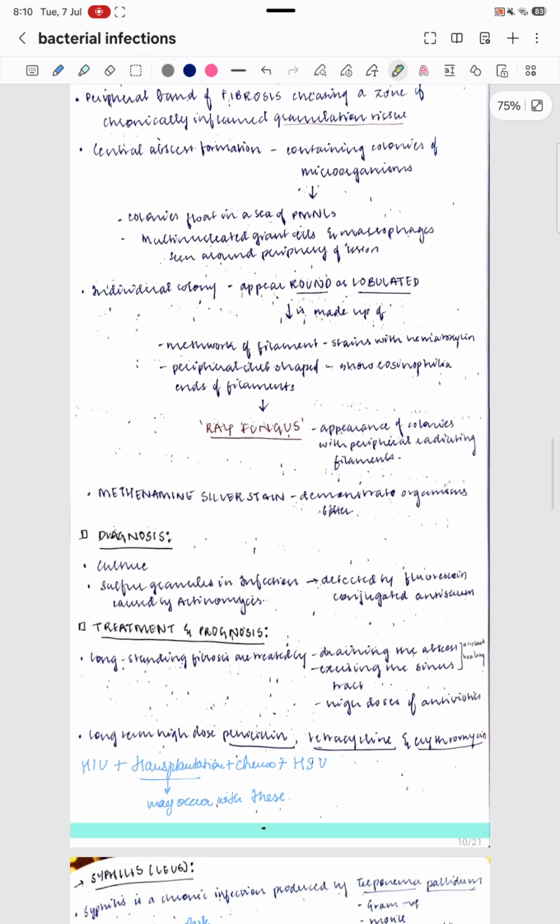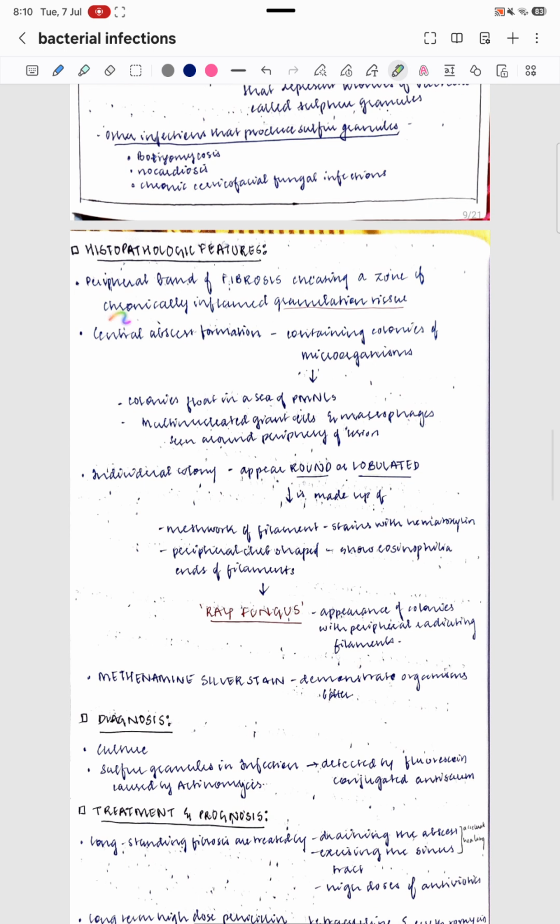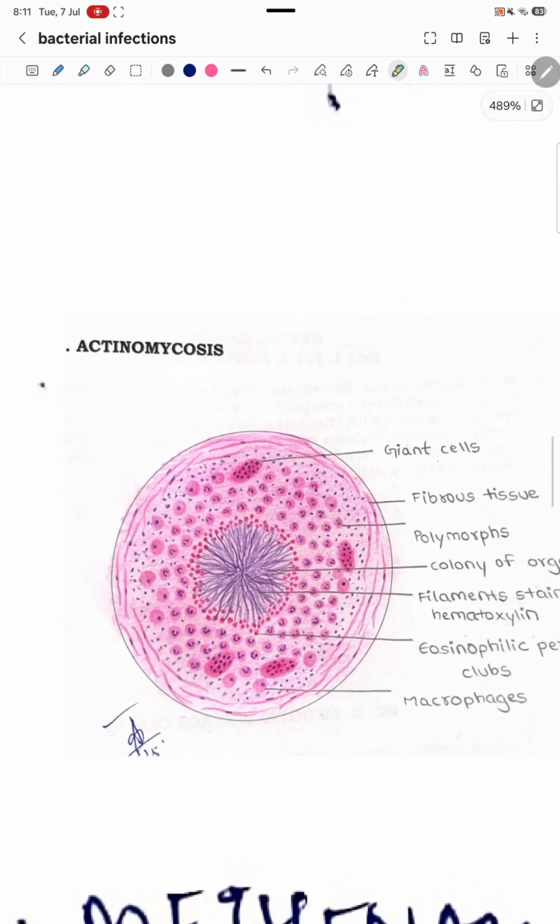Okay, now coming to the histopathology. Histopathology shows a peripheral band of fibrous tissue surrounding a zone of chronic inflamed granulation tissue. Basically, you don't have to write all this, just write that it has a peripheral band. I will show you a picture of actinomycosis. So the histopath diagram is something like this.